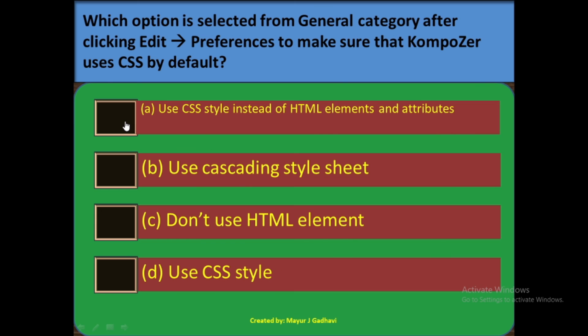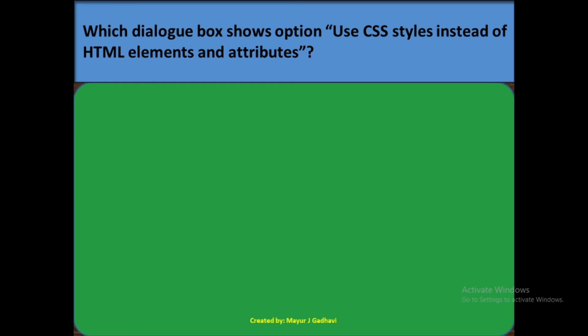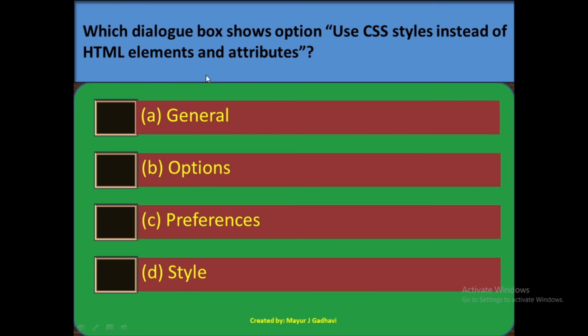The correct answer is A, use CSS style instead of HTML elements and attributes. Next, which dialog box shows the option use CSS styles instead of HTML elements and attributes? The options are general, options, preferences or style. The correct option is options.